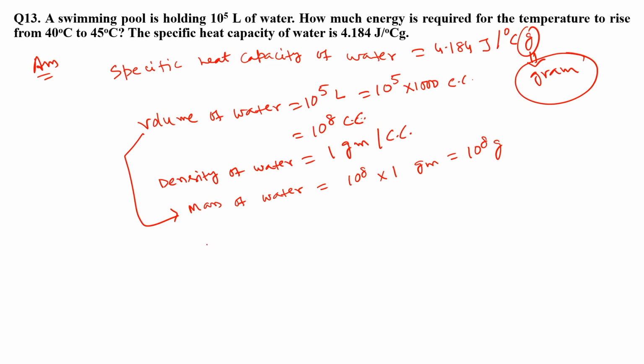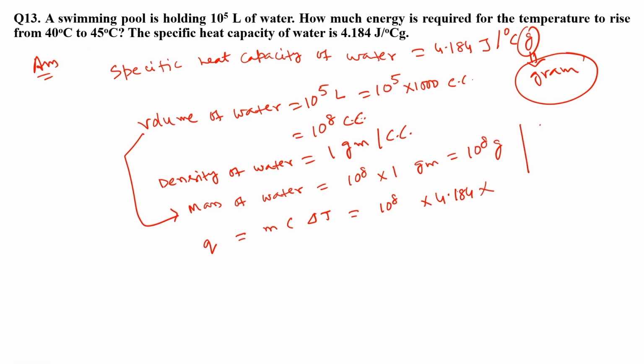So, Q is m C delta T, or here C we can write. So, m, mass, is 10 to the 8 in gram, and then C is given, value of C is 4.184 in joule unit, and delta T is 5.